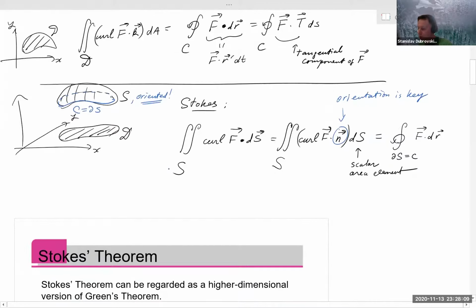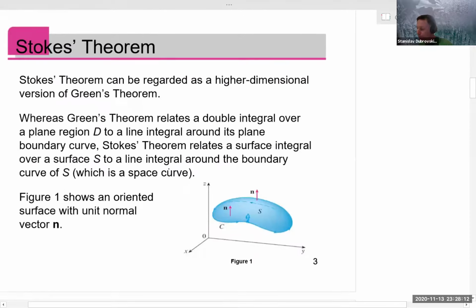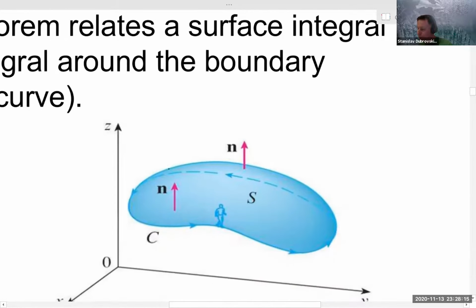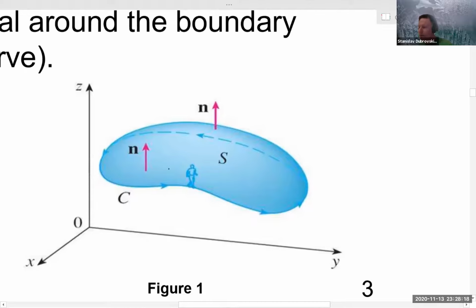So let's take a look at the nice picture here. What are we seeing? In this case, we're assuming that our surface is oriented upwards. Doesn't really matter. If we have the upwards orientation, then we can think of this small little guy walking erect around the boundary of the surface. So he may be walking around on the surface as well. But then when he comes out to the edge, he has several ways to walk around. He can walk around in this direction, or he can walk around in that direction.